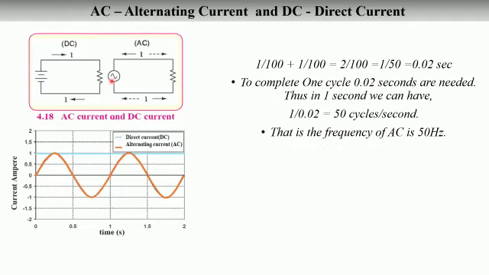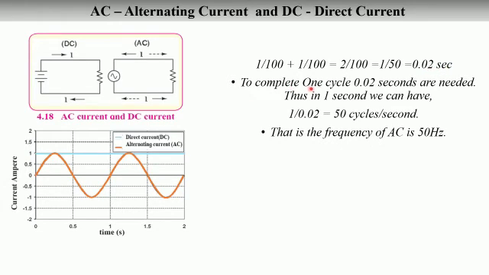Now in India, we find that for a half cycle, 1/100th of a second is needed. So this is 1/100th and this is another 1/100th for one complete cycle here. So 1/100th plus 1/100th, that is 2 upon 100, which is equal to 1 upon 50, that is equal to 0.02 seconds.